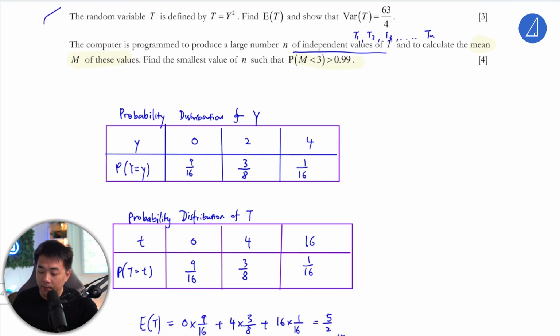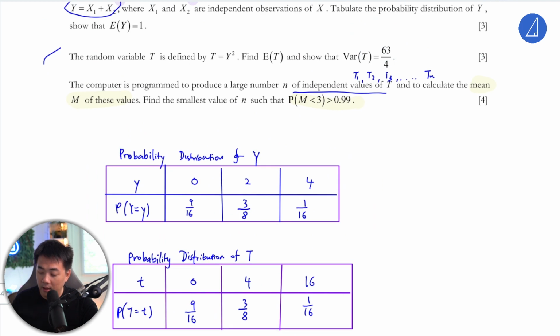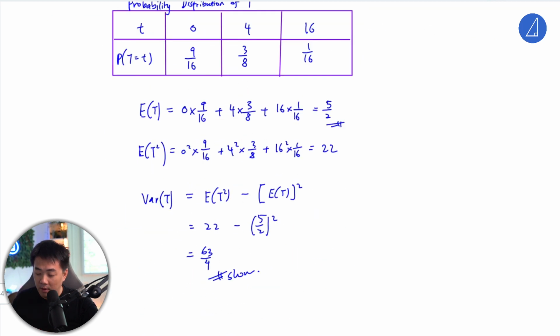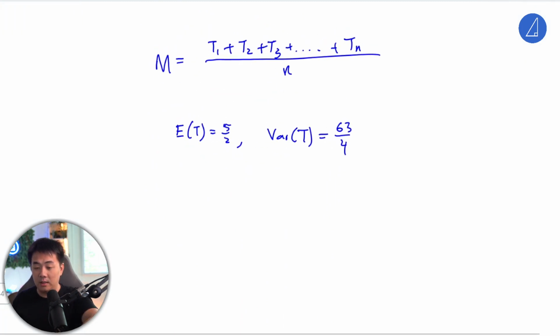I think the keyword here is always to look at: calculate the mean value of n, find the smallest n such that this holds. It's discrete, and you want to find the probability for a very, very large sample, right? So the keywords are mean, n large, and independent. Sometimes you'll say approximate the value. So this will be by CLT since n is large.